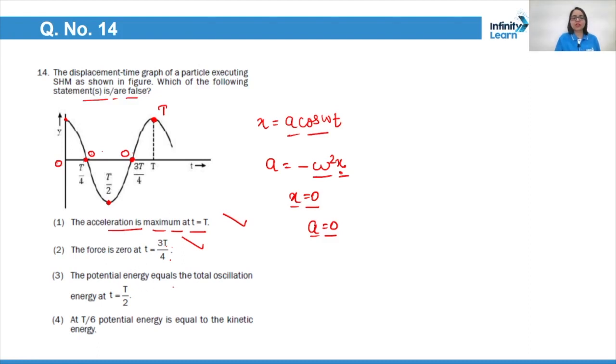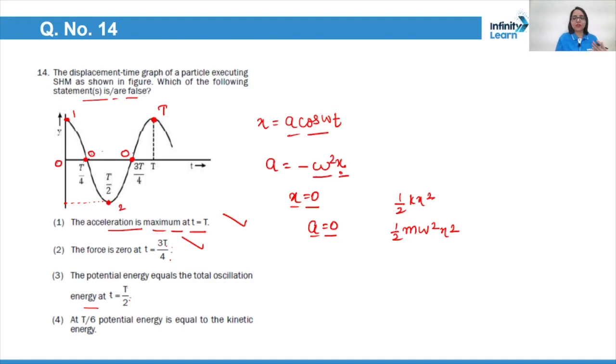Next is potential energy equals the total oscillation energy at t equals T by 2. At t equals T by 2, the particle is at its extreme position. Again, displacement is maximum in the opposite direction, right? So when the particle is at extreme 1, then over here the particle will be at extreme 2. So again, the potential energy is given by half kx squared or half mω squared x squared, right?